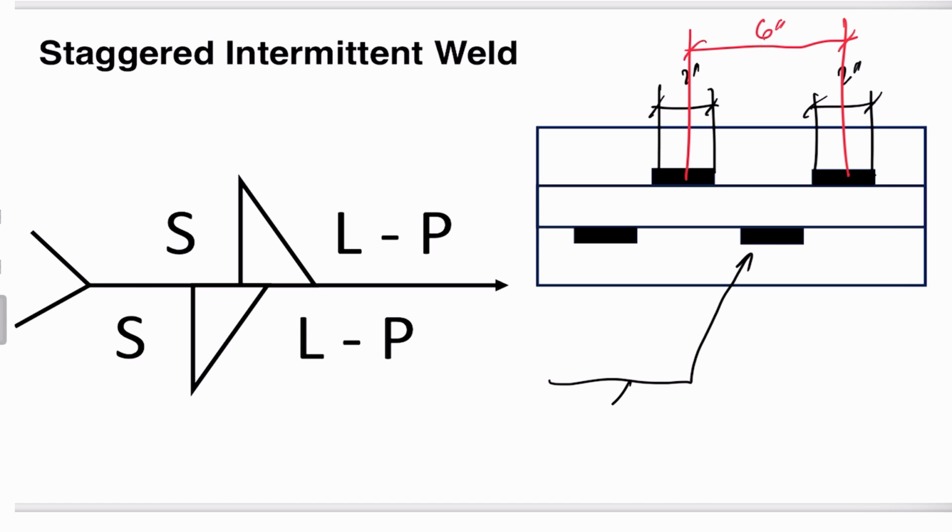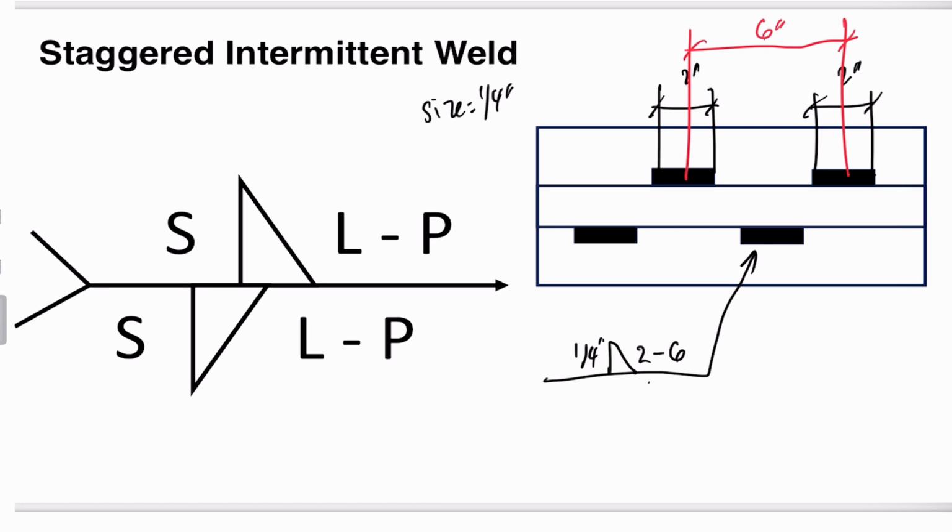Remember, the size of the weld is also 1/4 inch. You put the size of the weld on the left side, and then the length on the right side, as well as the pitch.